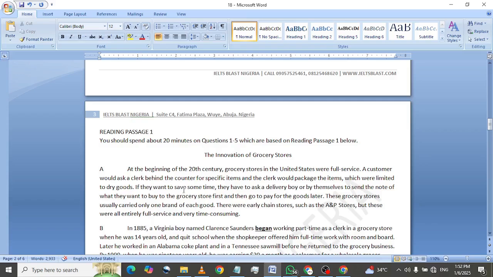To save some time, they would have to ask the delivery boy or send a note of what they want to buy to the grocery store first, and then go to pay for the goods later. The grocery store usually carried only one brand of each good.